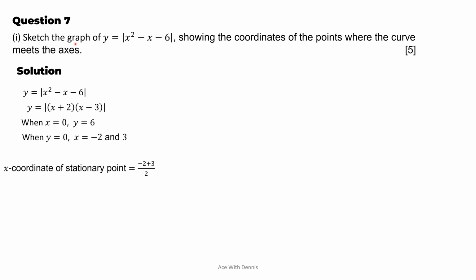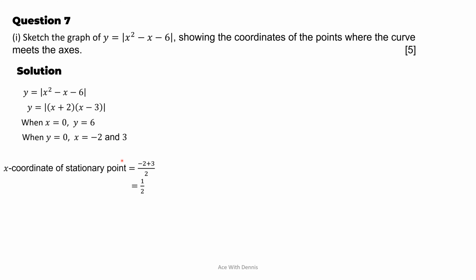This is the x-intercept. Next, we want to find the x-coordinate of the stationary point. For this case, it is (minus 2 plus 3) over 2. So we take the values of the x-intercepts and divide by 2, because the x-coordinate of the stationary point will be at the center of these 2 points.